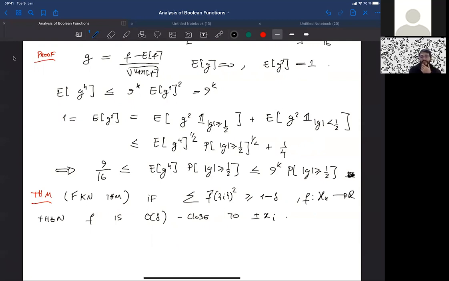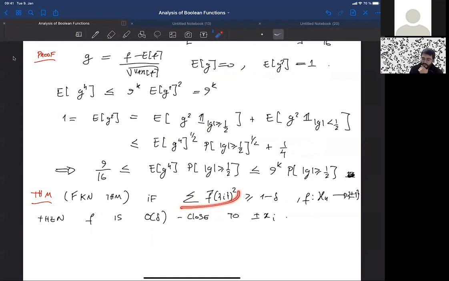So there is some i such that f is close to be just that guy. So just having the coefficients of order 1, oh, this has to be not for this. This function has to be Boolean, plus or minus 1. Yes.